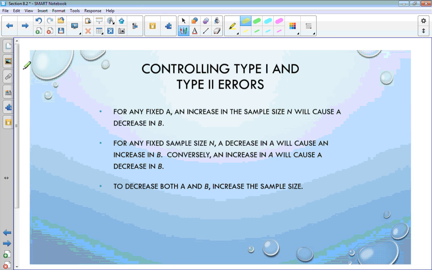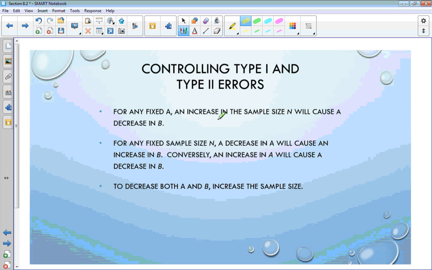So these are ways that we can control type 1 and type 2 errors when we set up our test. If we have a fixed alpha, if we increase the sample size n, we'll cause a decrease in B, for beta.